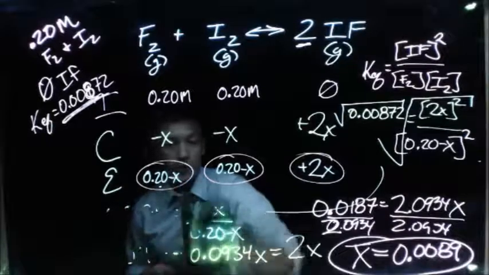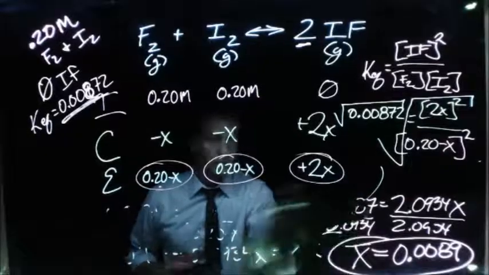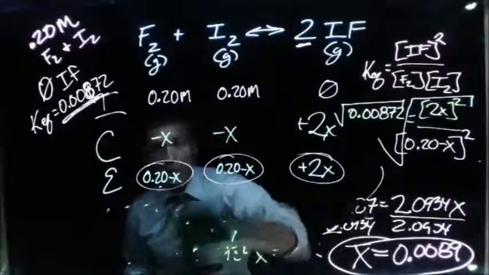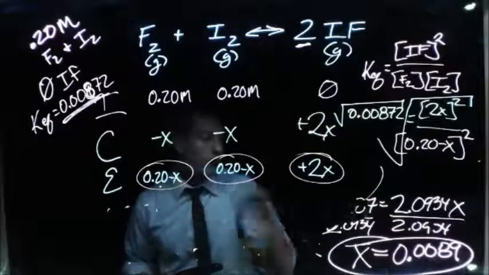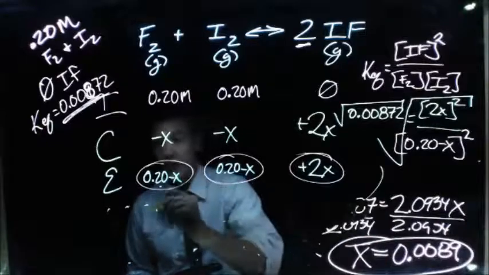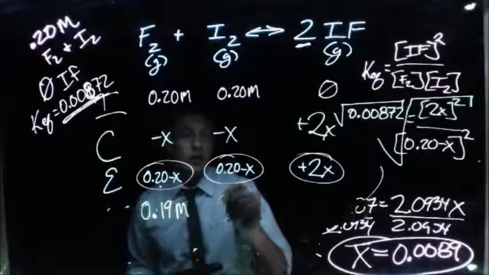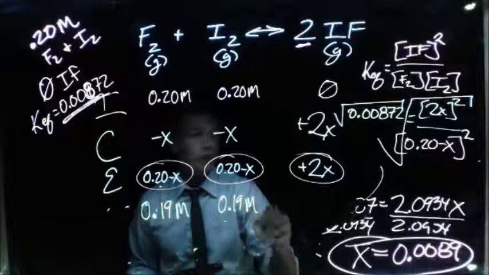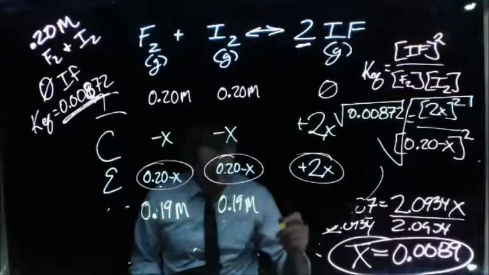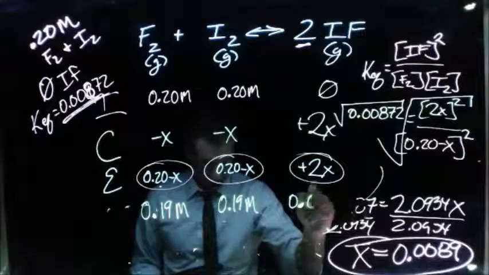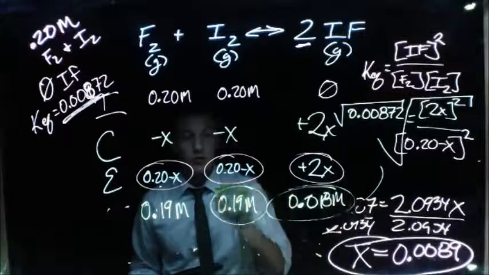So at equilibrium, we would have 0.20 minus that number, and then rounded to 2 sig figs is going to get us 0.19 molar, 0.19 molar, and 2 times that guy is going to be 0.018 molar. And those would be our answers.